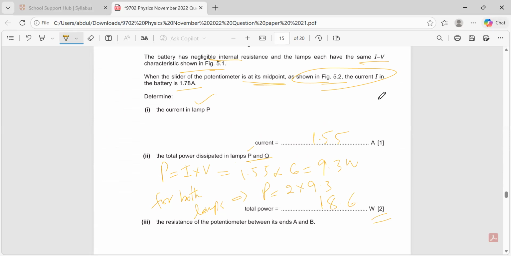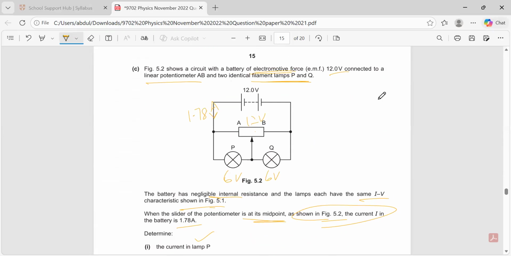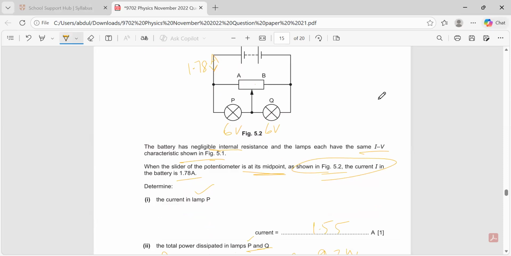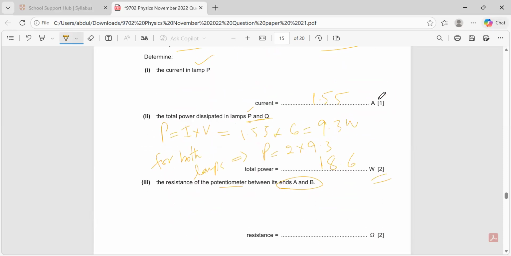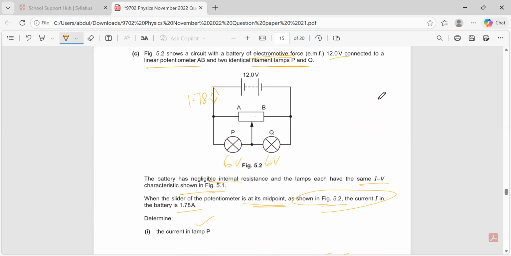Now he's saying, this was simple, not a problem. The resistance of the potentiometer between its ends A and B. Here we want this resistance between the ends A and B. The slider is at the midpoint, so we need to calculate resistance at A and B. Let me draw this diagram here.